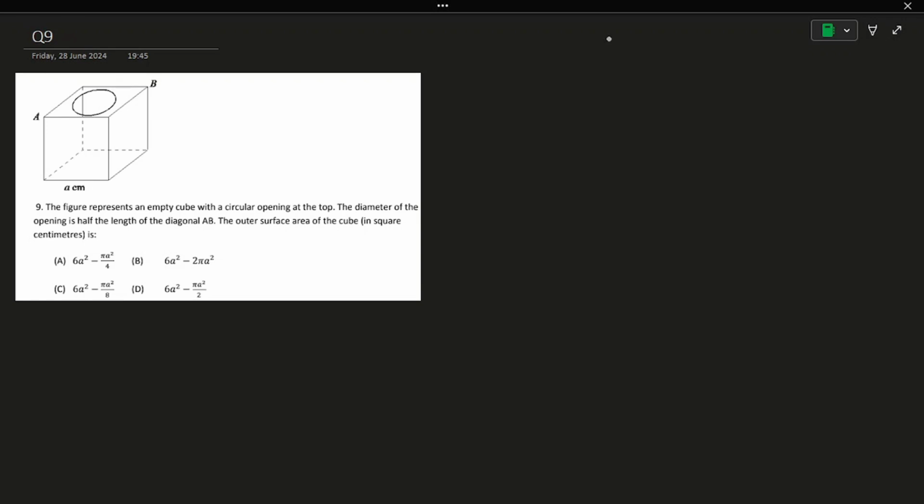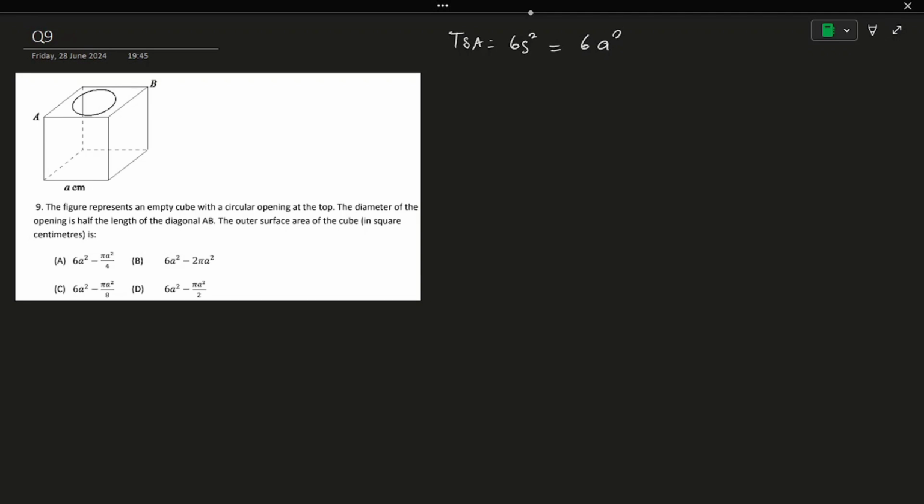We know that a regular cube's total surface area would be TSA equal to 6s squared, s being the length of each side, and in this case it would be 6a squared because we were given that our length is a.